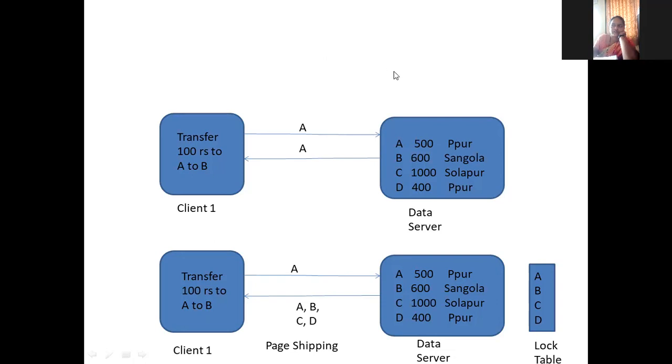Yes, anyone? Pooja? Omkar, are you there? Am I audible, guys? Yes, Sanskriti.